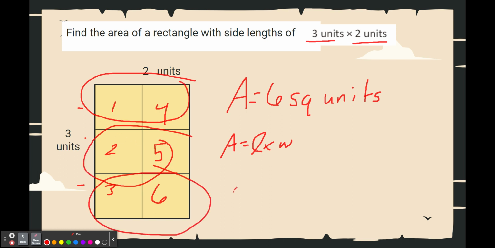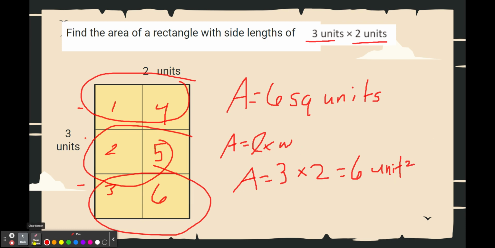So to find area, all I would have to do is take my 3 rows and multiply them by 2, which gives me 6 square units. Okay? Or we can also say units squared. So this is going to be my area.